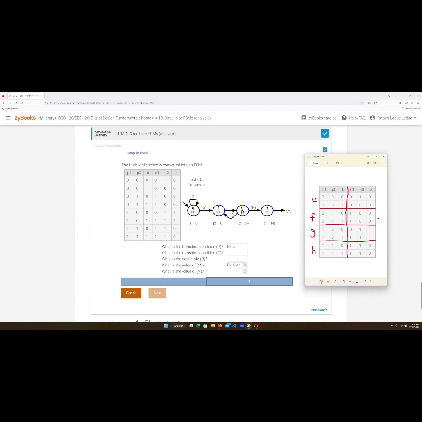So let's find P. Okay, so it's this one here, going from state G to state H. So state G is right here, which corresponds to the state register values 1 and 0. And between G and H, there's only one transition arrow here.